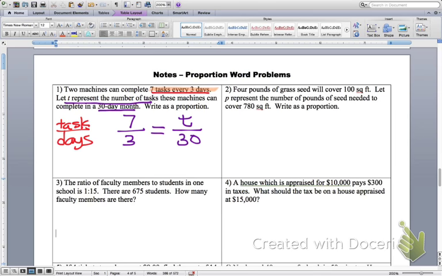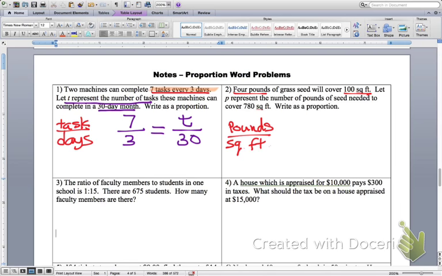Let's go ahead and go to number 2 and see what we have. We have 4 pounds of grass seed will cover 100 square feet. So again, 4 pounds for 100 square feet. That's going to give us our 2 values of comparison. So again, we're talking about pounds, and we're talking about square feet.